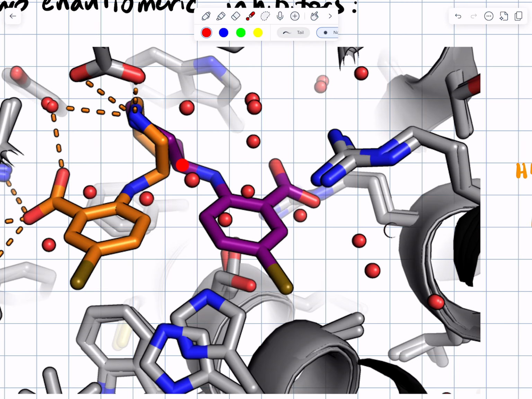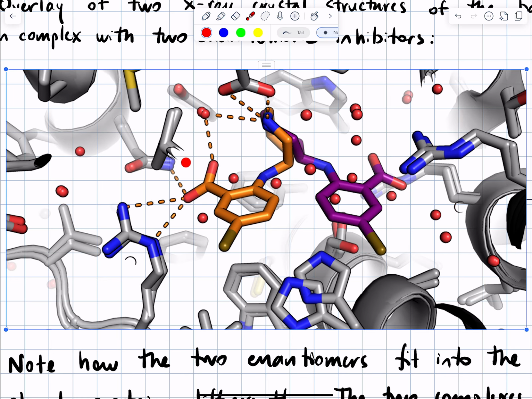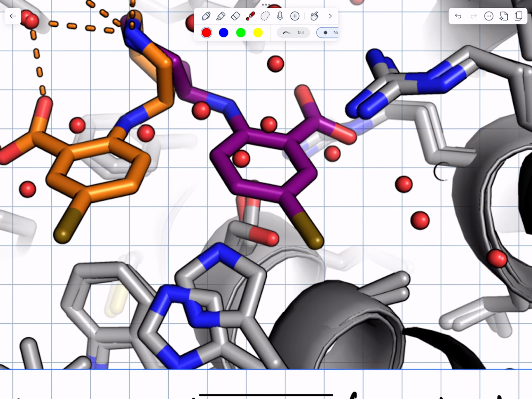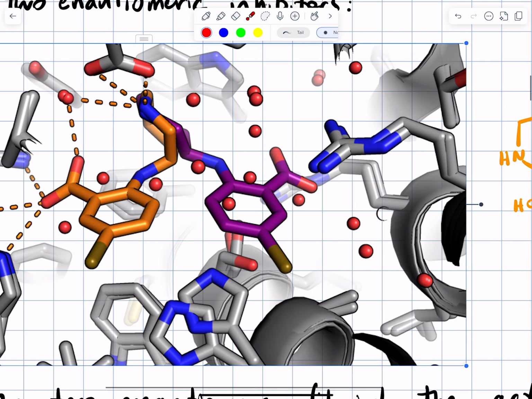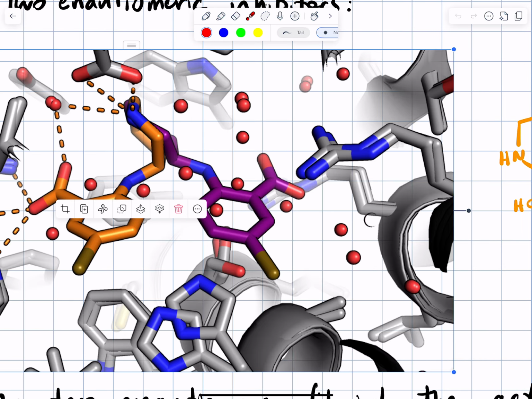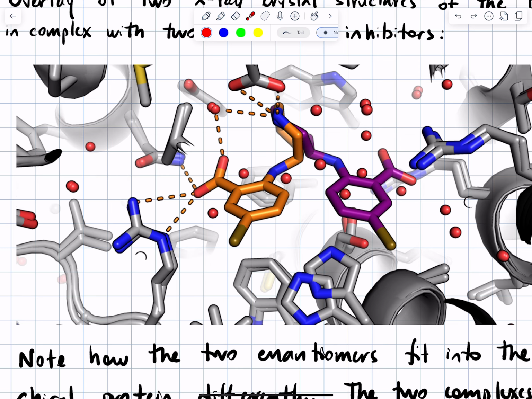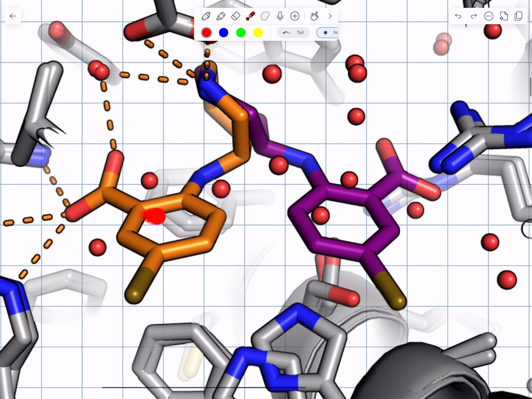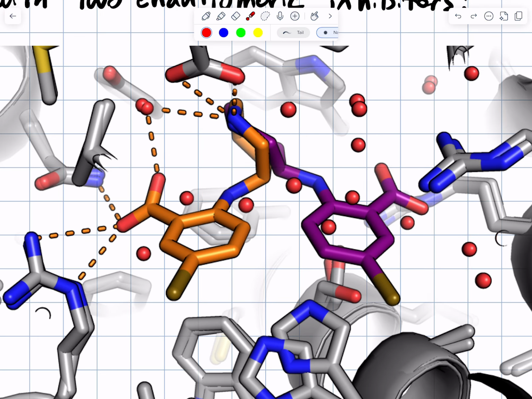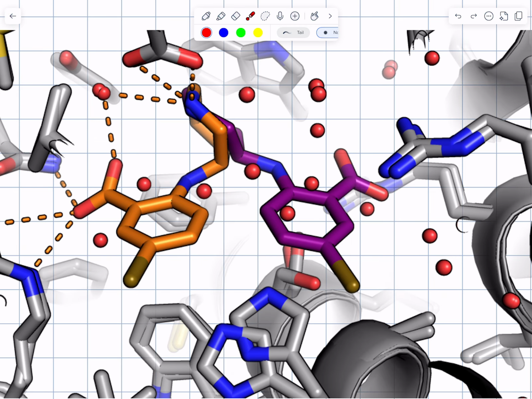That's the stereocenter. But because the orange enantiomer has opposite configuration, the rest of the orange enantiomer, oh, I didn't want that to move. Wow, what's going on? The rest of the orange enantiomer juts out to the left. So you can see they bind in different orientations to the same protein.